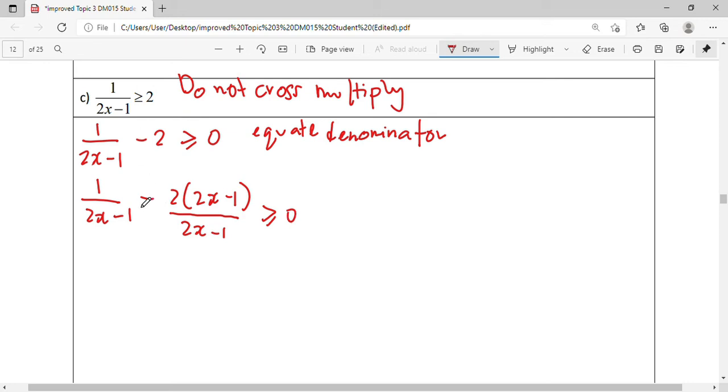Then you simplify. The denominator still will be 2x minus 1, and the numerator is 1 minus 2 times 2x minus 1, greater or equal to 0.